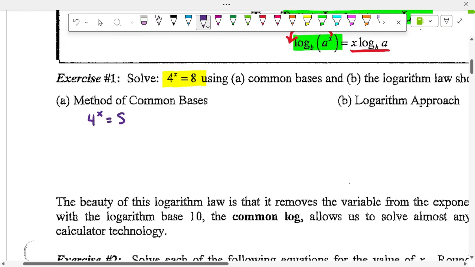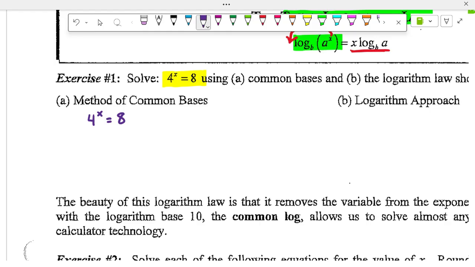So what is my first step when I'm doing common base? Right, we need to find a base that, raised to two different powers, will give us 4 and 8.